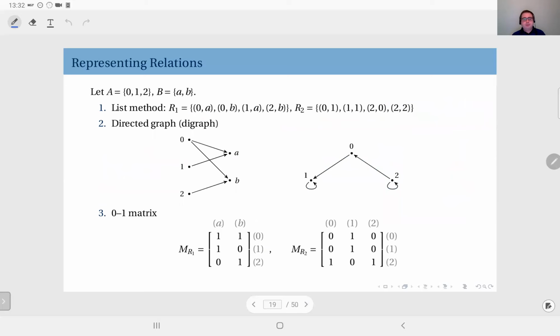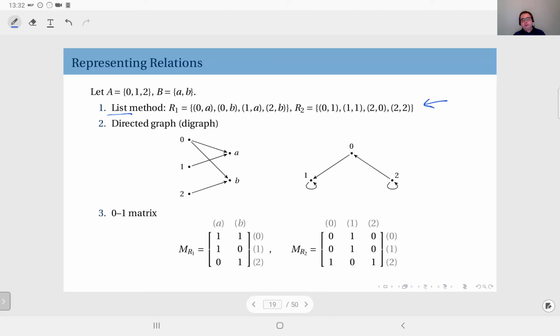Now, how do we represent relations? Well, first of all, observe that a relation is itself a set. So you can always use the list method like this. But as I said, sometimes this is a little bit tedious. You have to just list out all elements. It can get long.